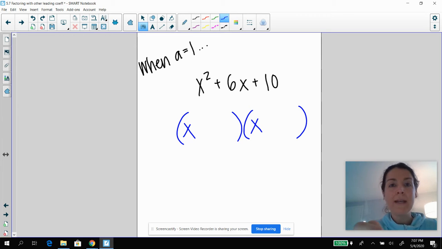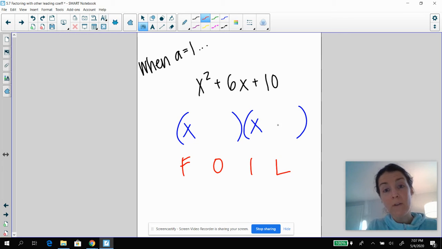We knew to do that because when we FOILed this new binomial out, we knew that our first two terms, x times x, had to be x squared. It had to be that first term. So when we multiply the first terms of our binomials, we always get this leading first term. So let's keep that in mind.